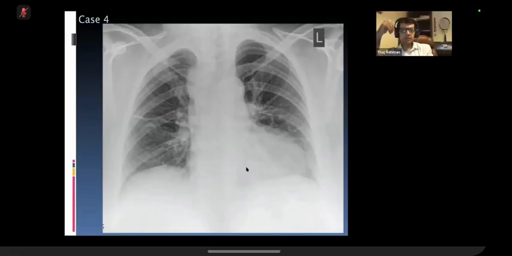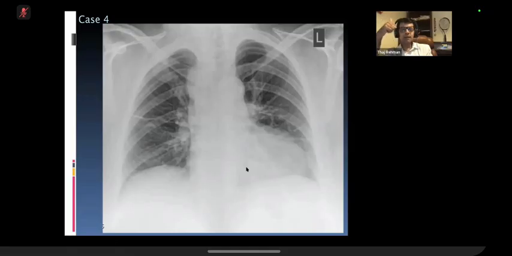Not in the anterior mediastinum. So I hope everybody has heard that. The lateral margin is visible above the superior margin of clavicle, which makes it not in the anterior mediastinum because anterior mediastinum stops at the clavicle.